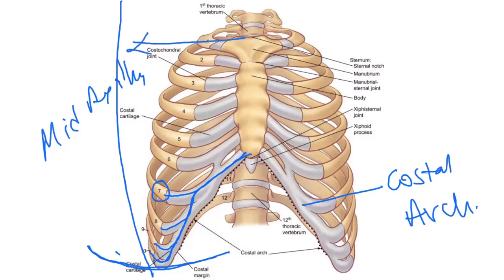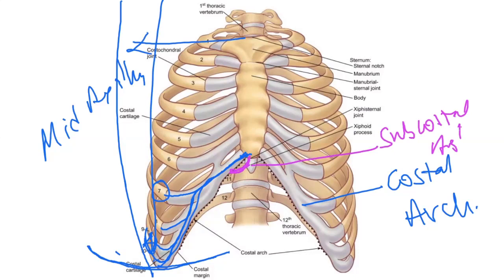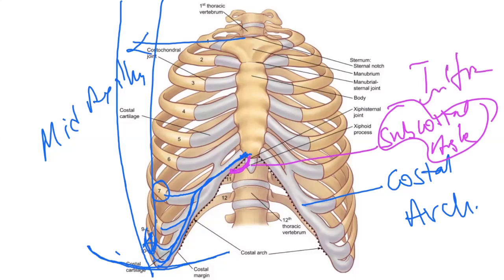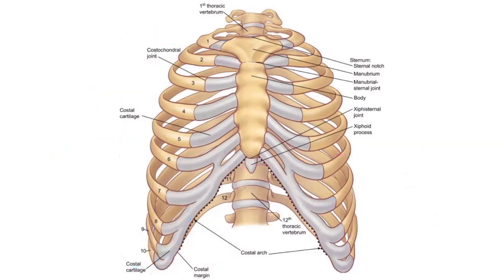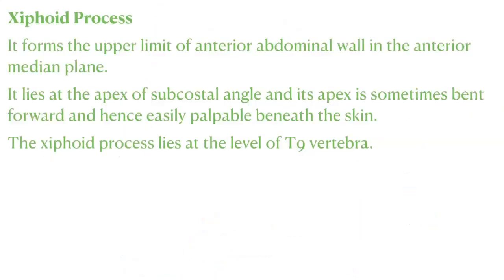So here is the mid-axillary line, right? The 7th one reaches the sternum. And here is an angle called the subcostal angle, or infrasternal angle, right? So that is the costal margin. That is one of the bony landmarks.